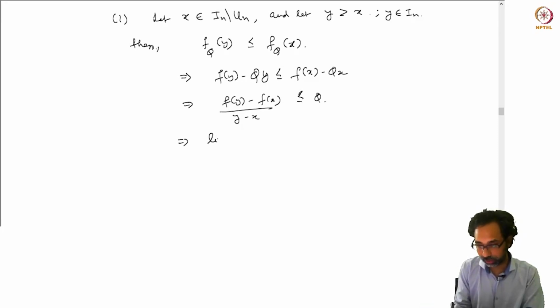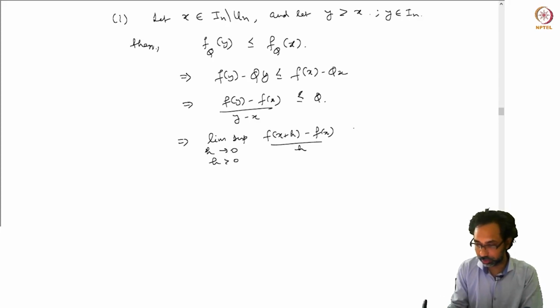So this implies that the lim sup as h goes to 0 with h positive of (f(x+h) minus f(x)) over h is less than or equal to q, and this is nothing but the upper Dini derivative of the positive part.